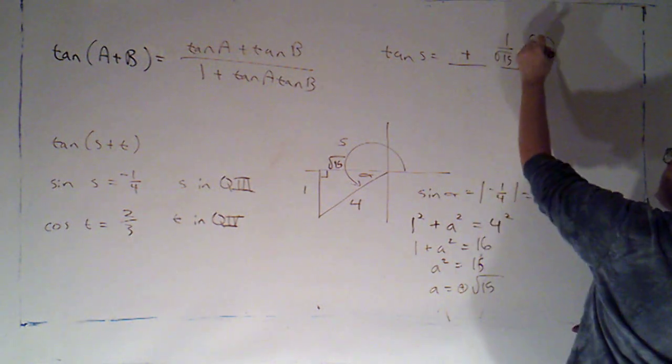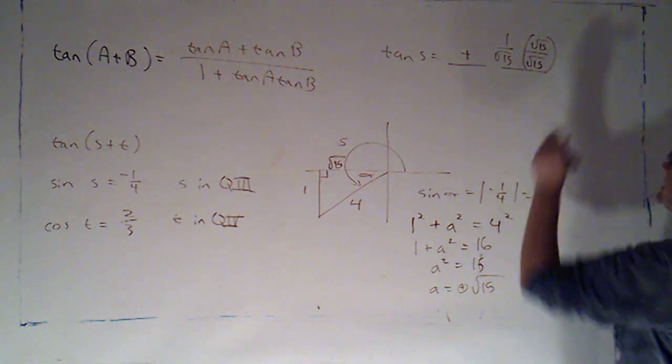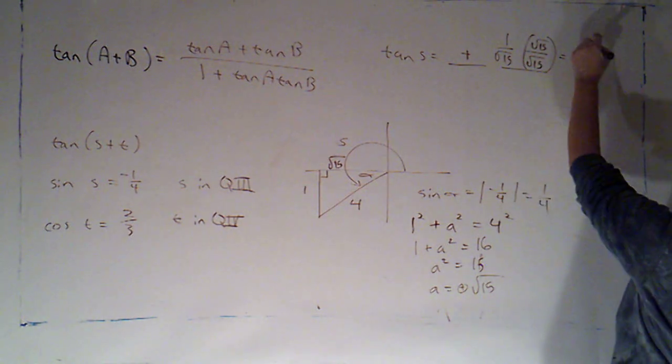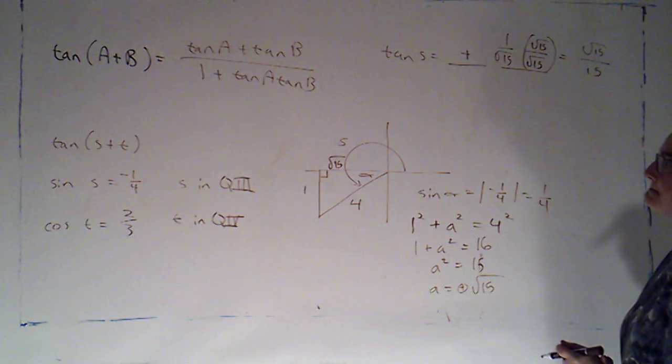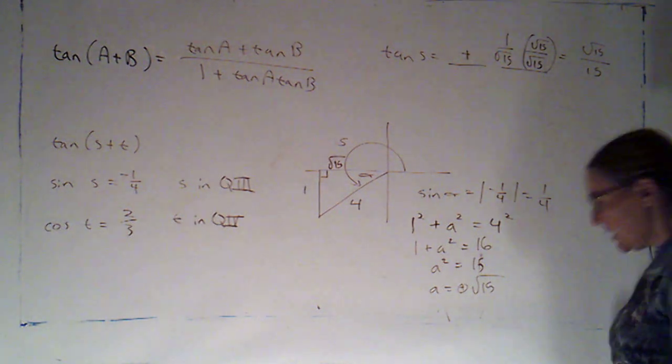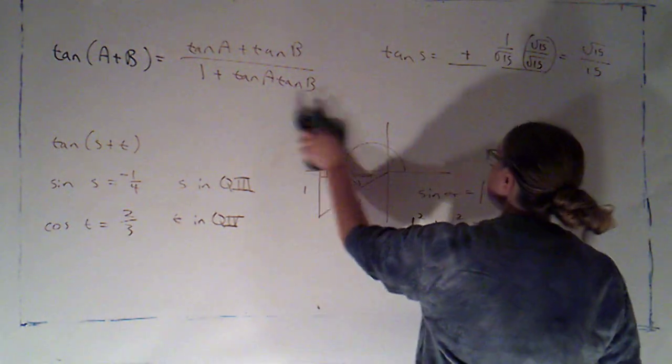And of course, we'll want to rationalize that by multiplying by 1 in the form of root 15 over root 15. So we're getting positive root 15 over 15. Excellent.